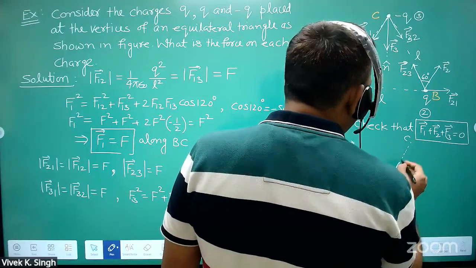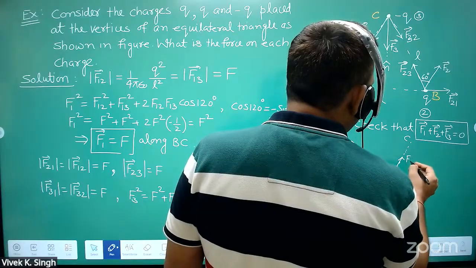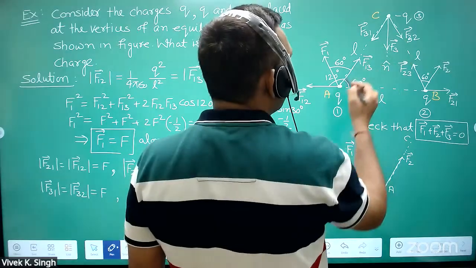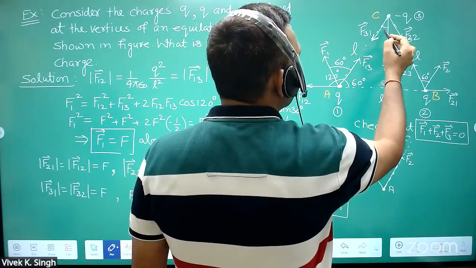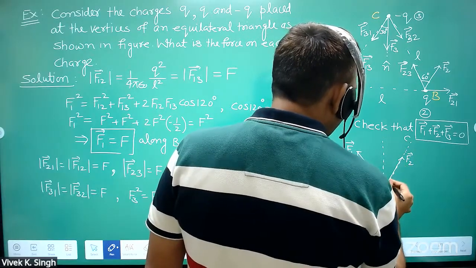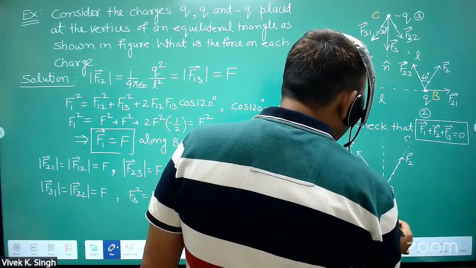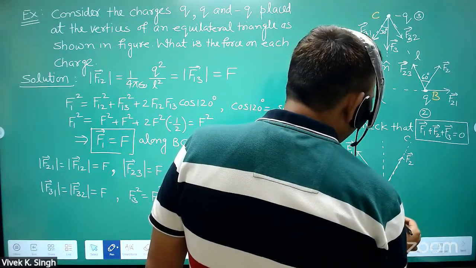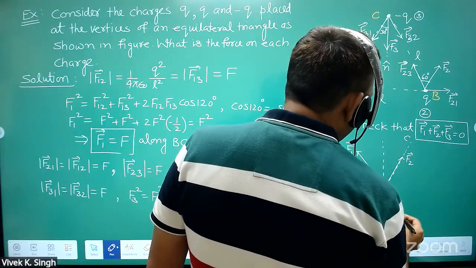F2 की डायरेक्शन AC के अलॉन्ग होगी, ये F2 होगा, है कि नहीं? और F3 क्या होगा? इस लाइन से ये 30 डिग्री एंगल बना रहा है, तो ये F3 होगा. यस और नो?